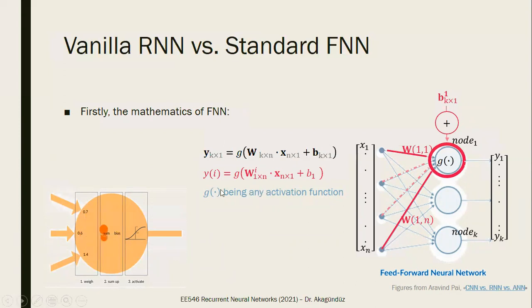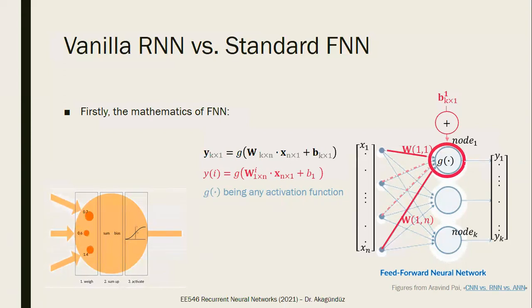In our case, this G function is the activation function, whatever it is. I'm sure you remember these activation functions from the previous course. They could be rectified linear unit, tanh, hyperbolic tangent, or sigmoid, or some other activation functions, whatever, we don't care. Better nonlinear, not necessarily, but there are some activation functions. This was the standard FFN.